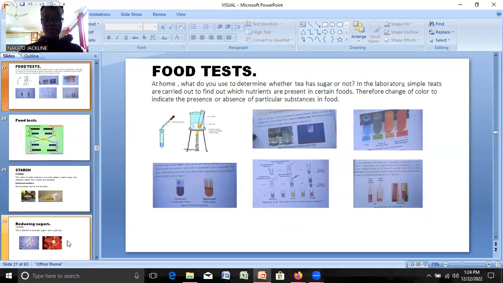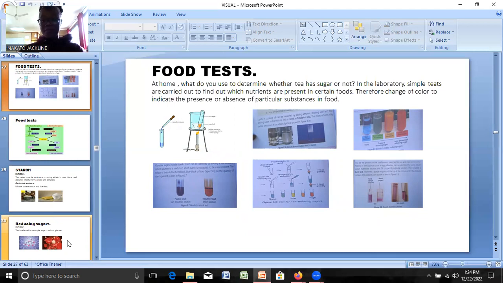Another subtopic is food tests. Similarly, at home, you have things we use to test sugar in our tea. It is the same thing we do in the laboratory. We carry out some simple tests to find out which nutrients are present in certain foods.